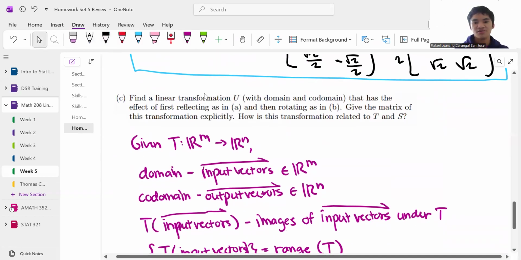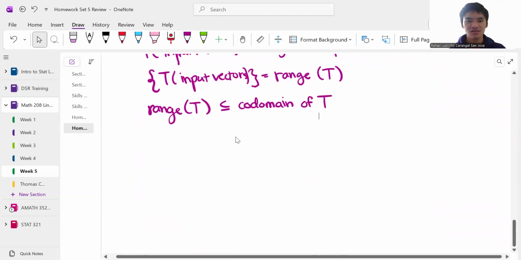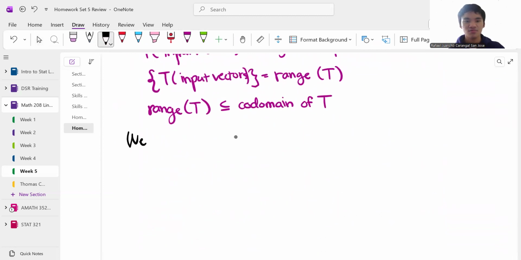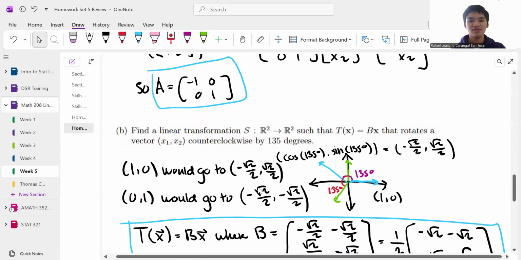So again, we find a linear transformation U with domain and codomain that has the effect of first reflecting and then rotating. So you want to reflect first and then rotate. So actually, we're just combining the things from before. We want to reflect first, right? So we want U of X. This is equal to, first, what's the transformation that's reflecting?